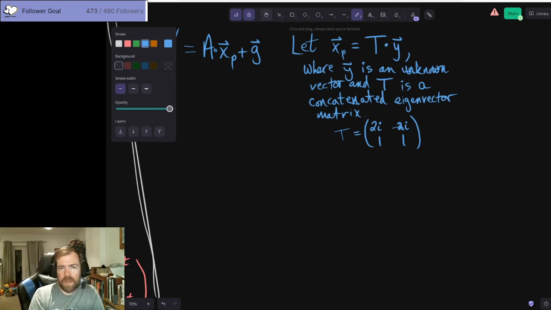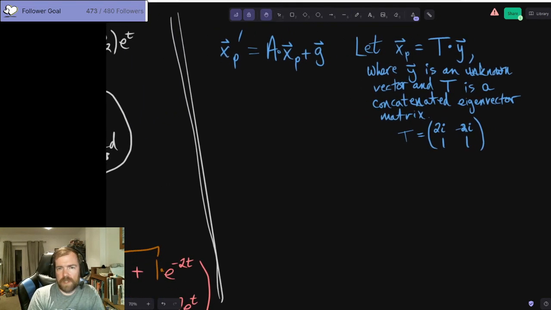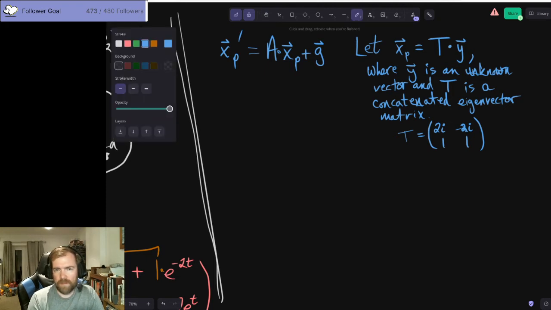Okay. So going back to the original statement here, where we're trying to figure out what x sub p is going to be, we're going to say, let this be T times y vector, and that's going to be prime. This is equal to A times the same plus g vector.